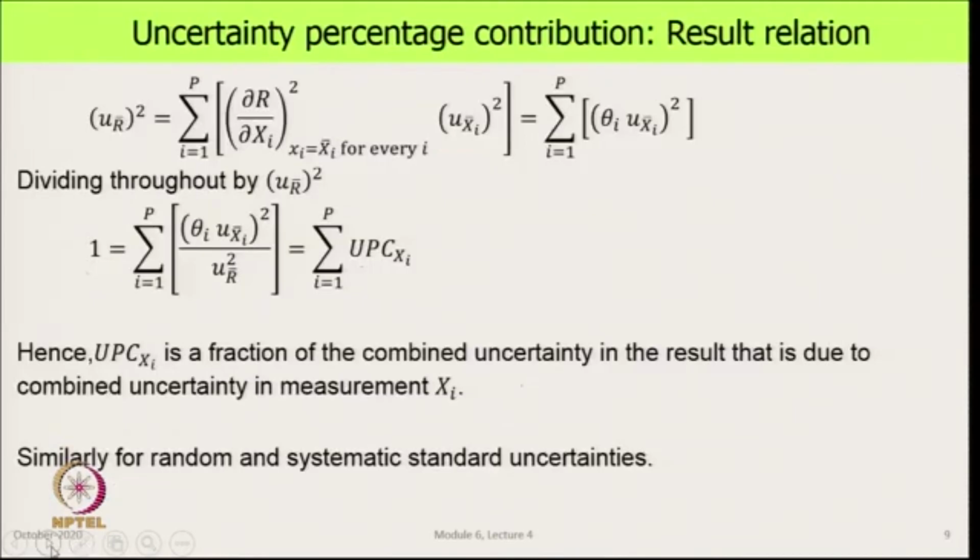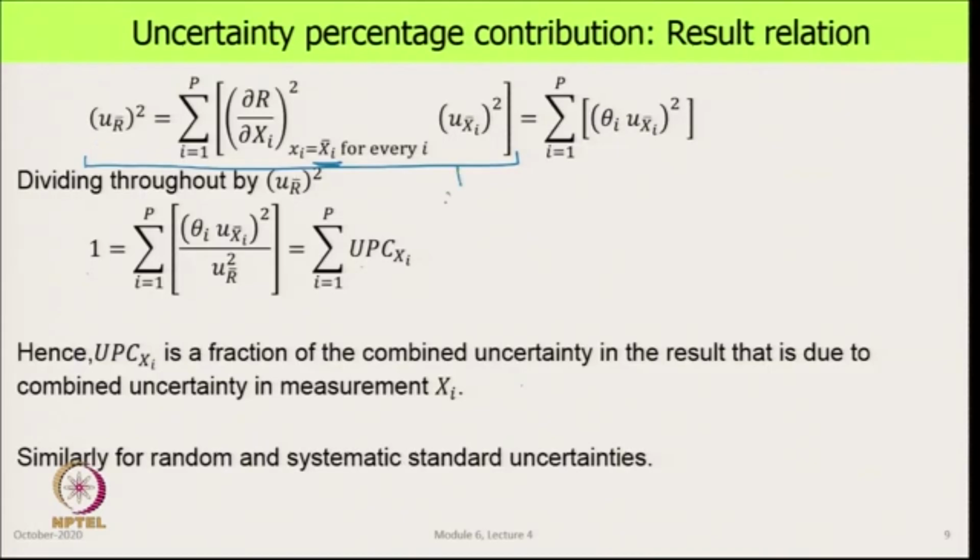So, that gives us all the definitions of uncertainty percentage contribution. And now, let us see how this helps us in the result relation. So, first we write here what the result relation is, and that is given over here. u_r bar squared is the summation of (dr by dxi) squared evaluated at the mean value of each measurement, multiplied by u_xi bar whole squared. So, u_xi is the standard uncertainty in the measurement, and u_r is the standard uncertainty in the result.